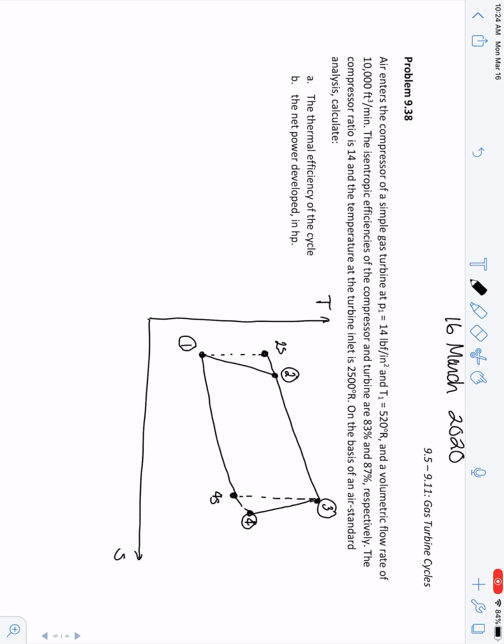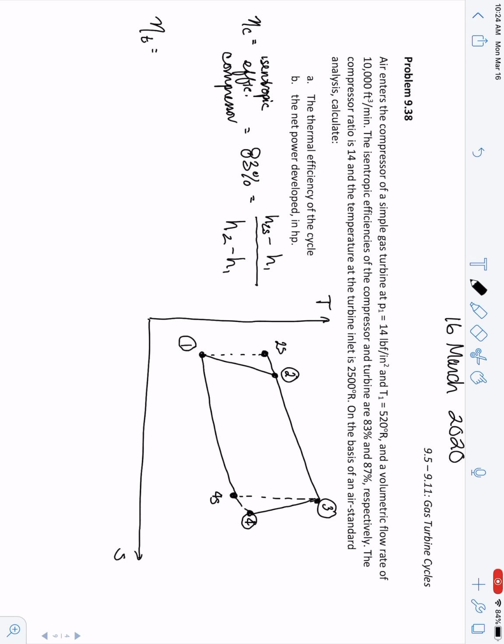In class, I asked you to work out the equations for the isentropic efficiency of the compressor, which our problem gives us as 83%. We worked through that and showed that, as you can find in chapter 6, the isentropic efficiency of a compressor is h2s minus h1 in the numerator and h2 minus h1 in the denominator.